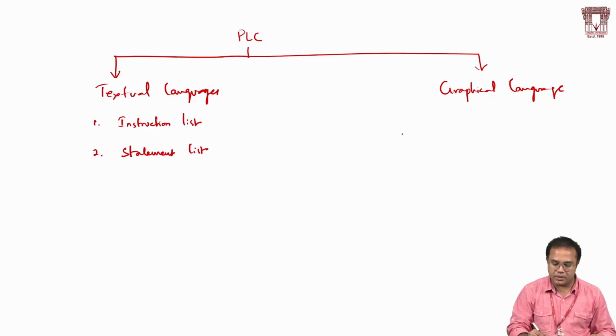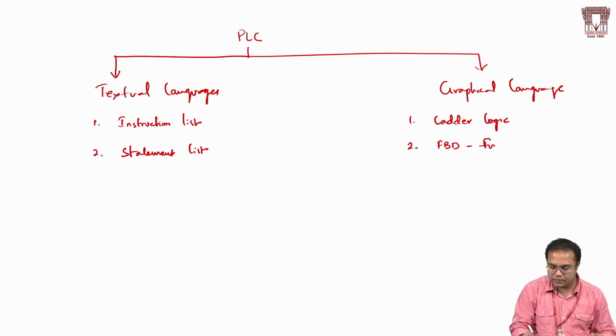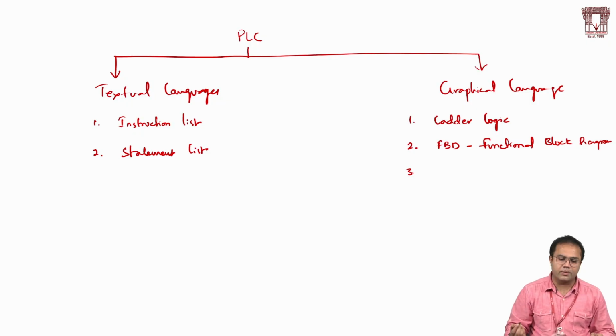Whereas in graphical user interface, or GUI based, we have ladder logic. Next we have FBD, functional block diagram. And then we have SFC, sequential flowchart.